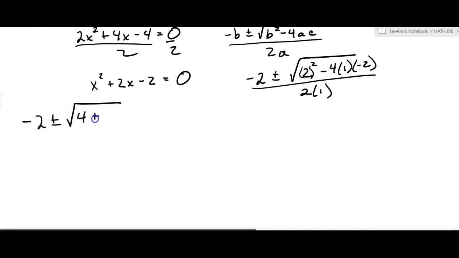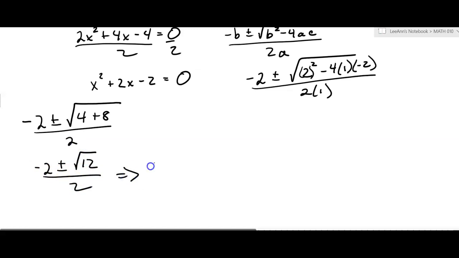So we get 4 plus 8 over 2, which is going to be negative 2 plus or minus the square root of 12 over 2. And then that breaks down because the 12 breaks down into 4 times 3. So you got negative 2 plus or minus 2 square root 3 over 2. But then that simplifies because you can divide them both by 2.